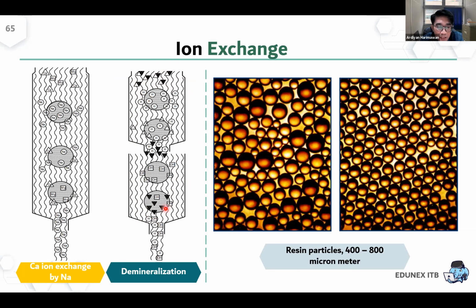So ion exchange can also be used to take all the minerals from the water, so it becomes the demineralized water. Okay, the resin is a very small solid particle, around 400 until 800 microns.